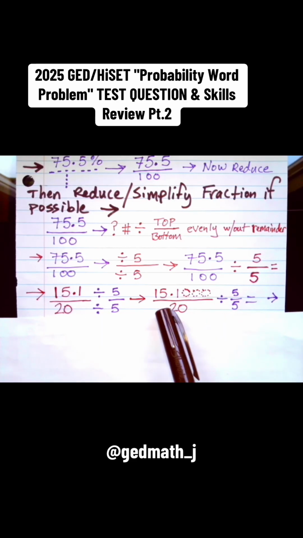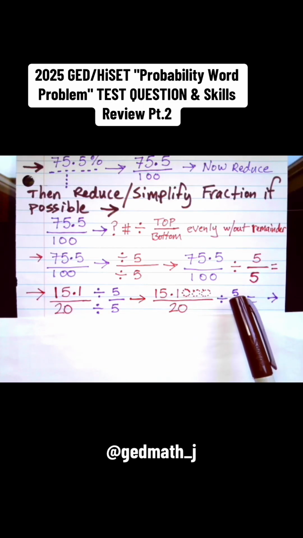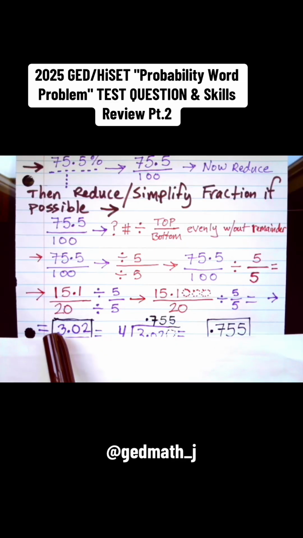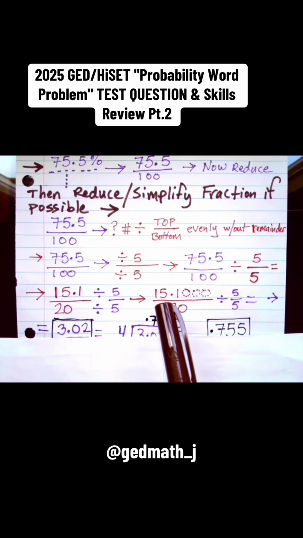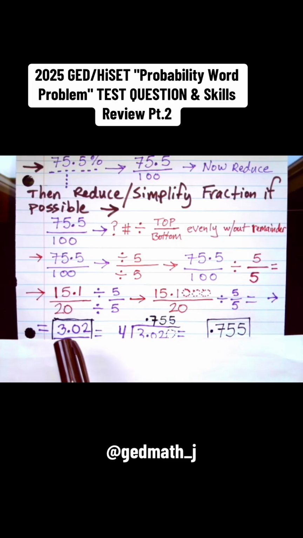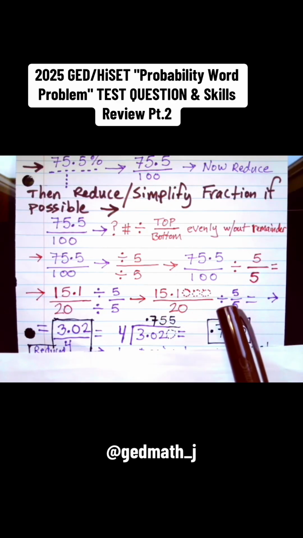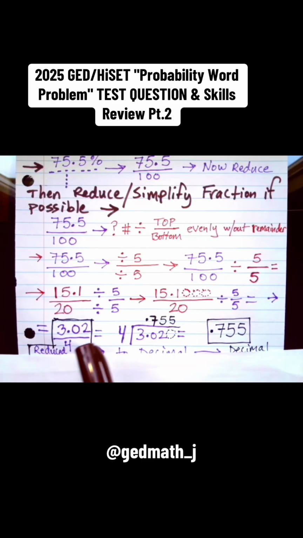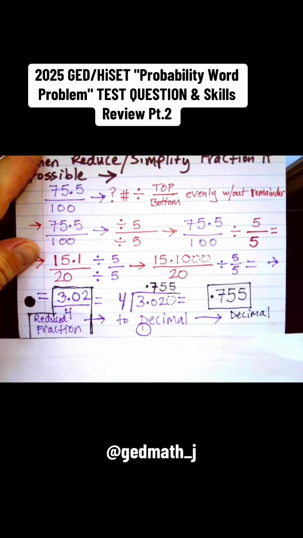So 15.10 divided by 5 and 20 divided by 5 gives me the following: 3.02. 5 times 3 is 15. 5 times 0 is 0. 5 times 2 gives me that 10. So 3.02. Now, over 20 divided by 5 is 4. So I've just reduced this fraction, just shrinking it a little bit as I go along.